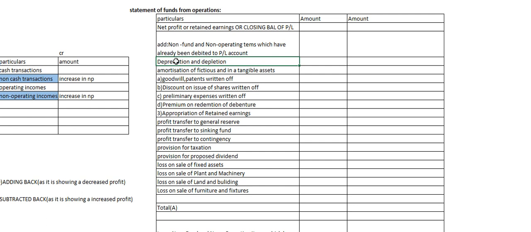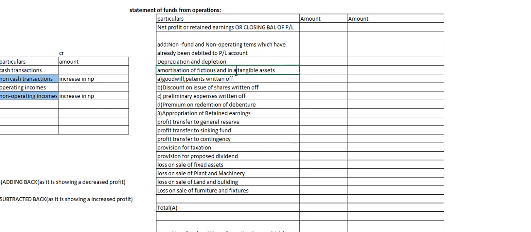And the depletion, both have been debited, hence you will add it back because the profit has been decreased, hence you will add back in order to show the correct profit for your fund flow statement. Then is your amortization of fictitious and intangible asset.